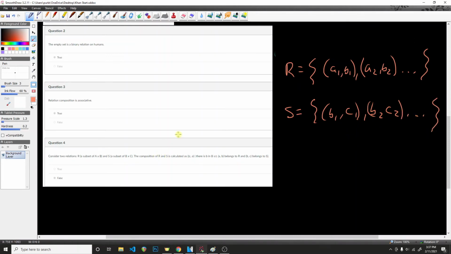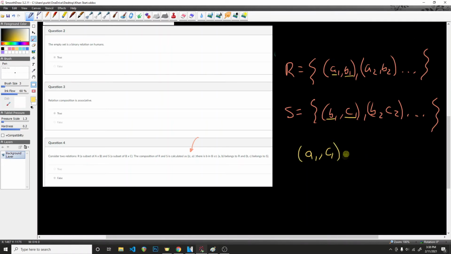The composition is calculated as C, A if there is a B such that AB belongs to R and BC belongs to S. And this is only false because this is actually inverted. It should be A comma C. And you can look at that just by saying, okay, from what we were just doing, we have A, and then that maps to B, which comes in here, and then we have C. Eventually, when we have our composition, we're going to end up with A sub 1, comma, C sub 1.